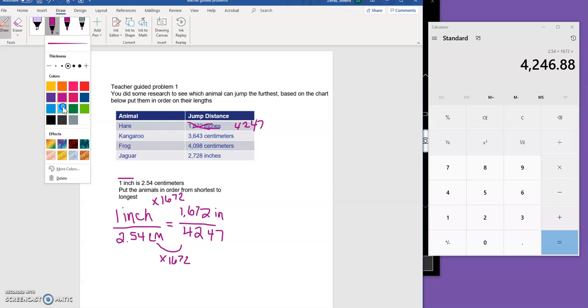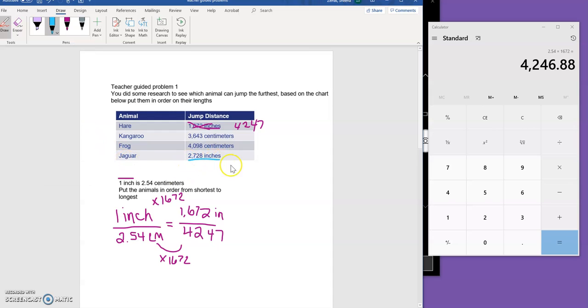I'm going to follow the same process now for the jaguar. Again, I'm starting with the unit rate. I want to put 1 inch over 2.54 centimeters, and I'm setting that equivalent to 2,728 inches.